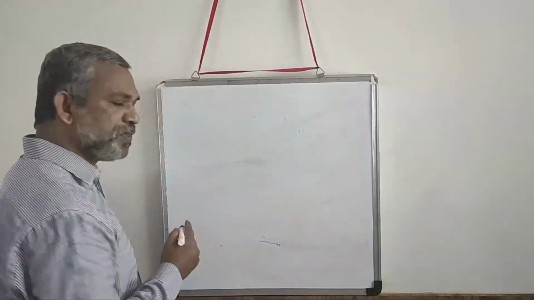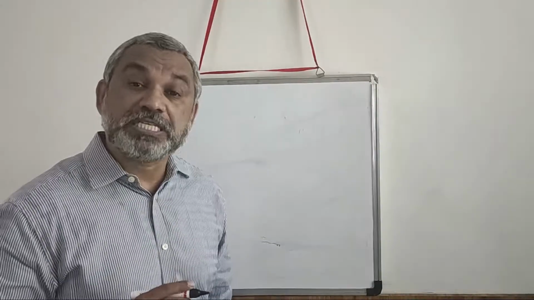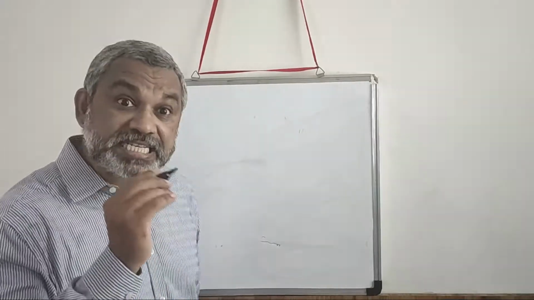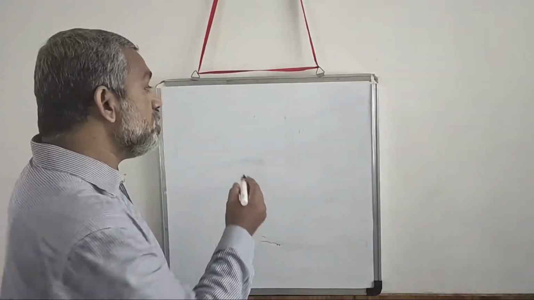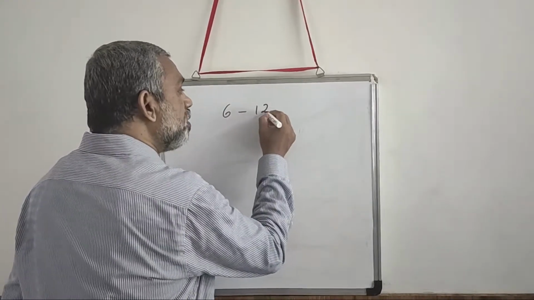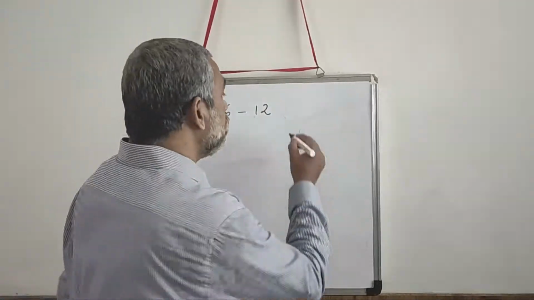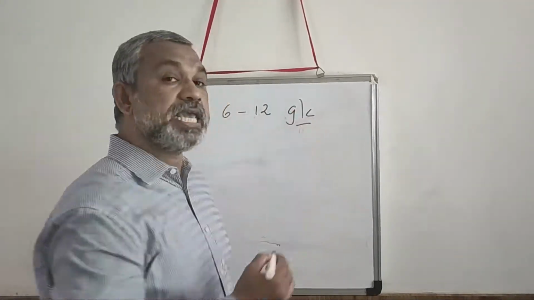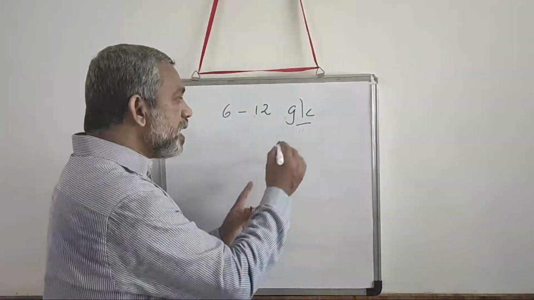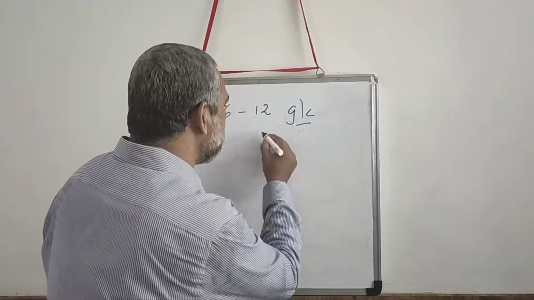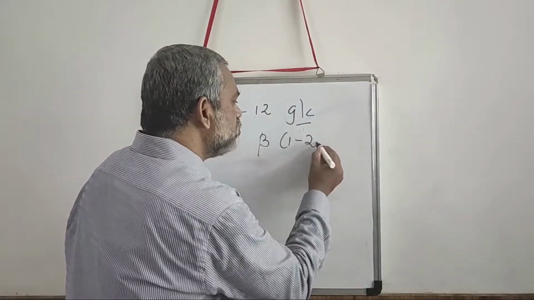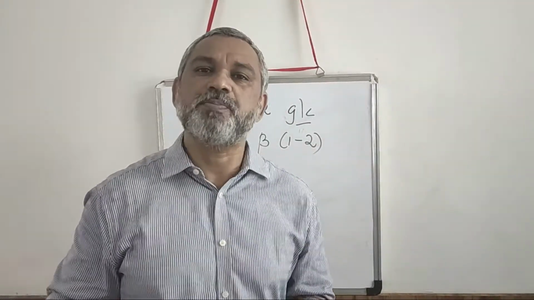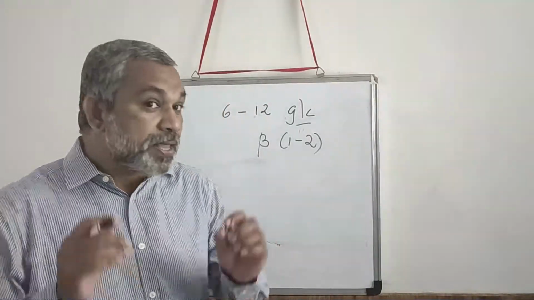For example, there is an oligosaccharide which is present in the gram-negative bacteria. This oligosaccharide is made of about 6 to 12 glucose units. GLC is a short form of glucose. They are all formed by beta 1,2 linkage. Now, what is the function of this oligosaccharide?